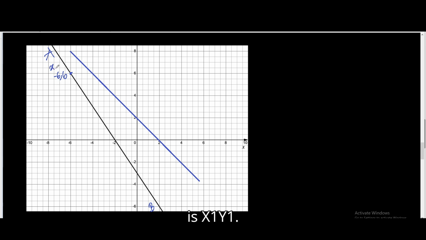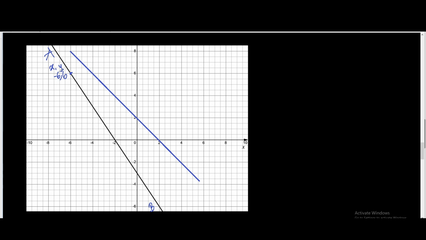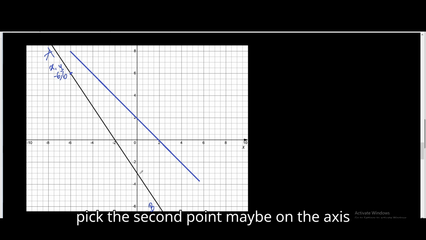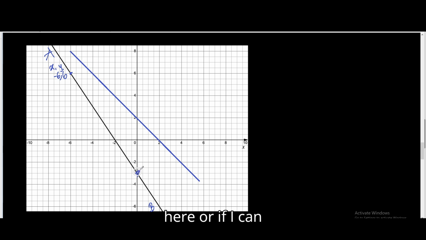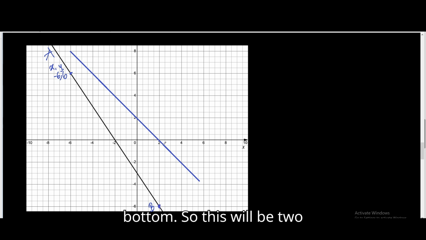That is x1, y1. Your x1 must always be going from left to right. So then I can pick the second point, maybe on the axis here, this point at the bottom. So this will be 2, comma negative 6. So I have 2, comma negative 6 as my point 2.